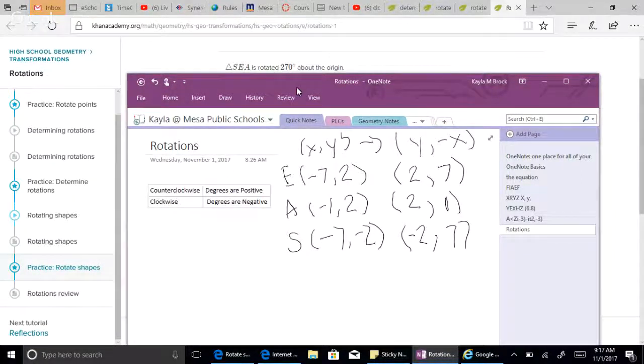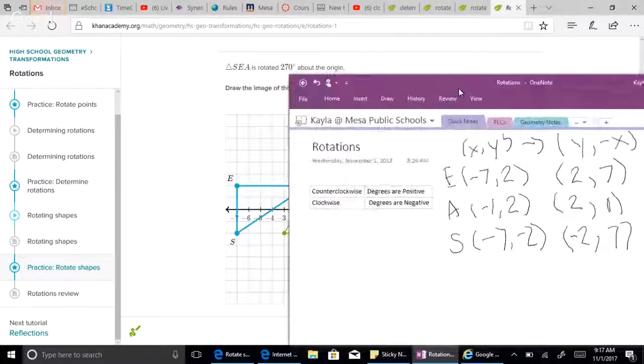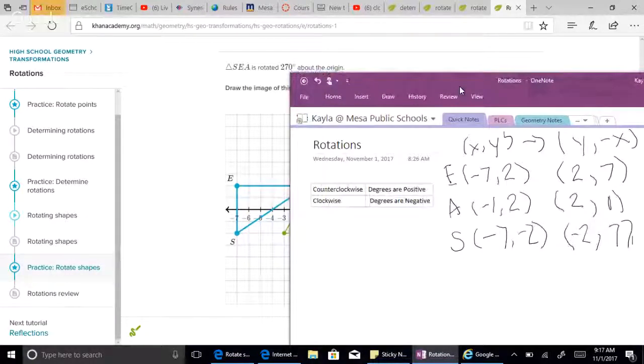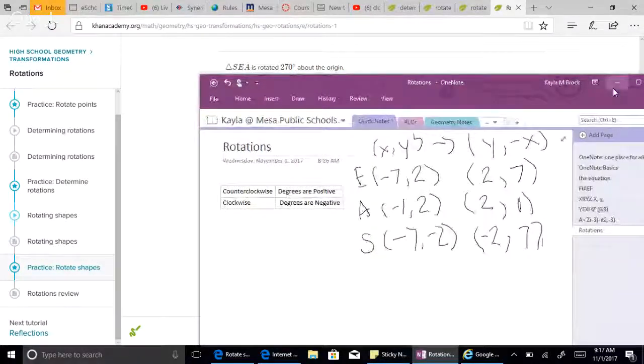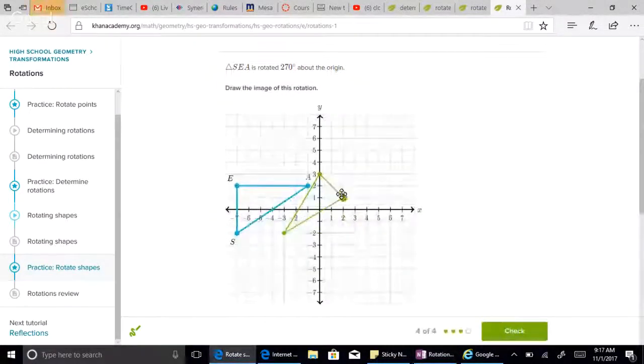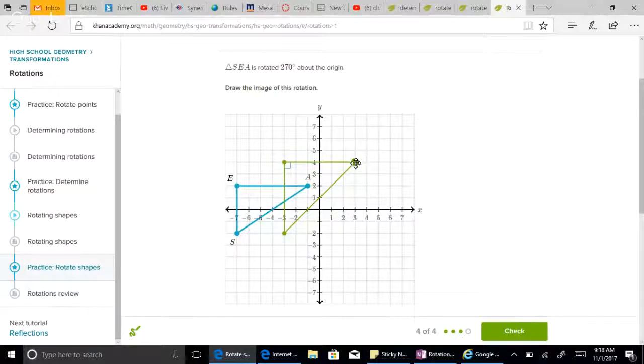So we're going to have 2, 7, 2, 1, -2, comma 7.